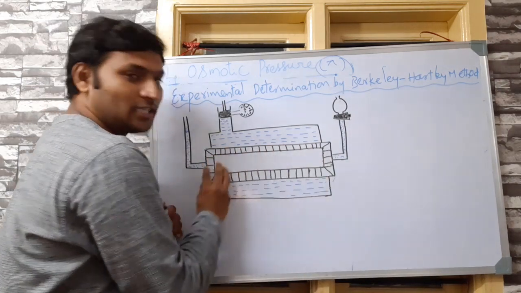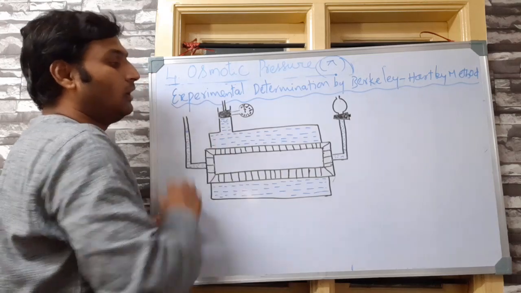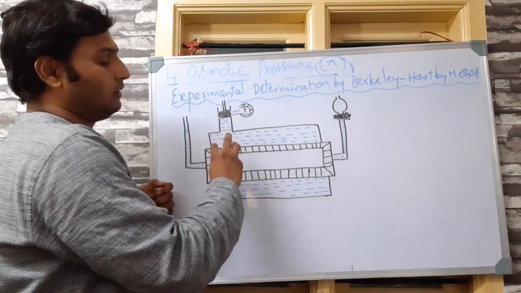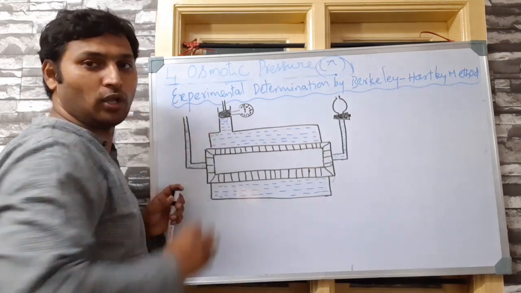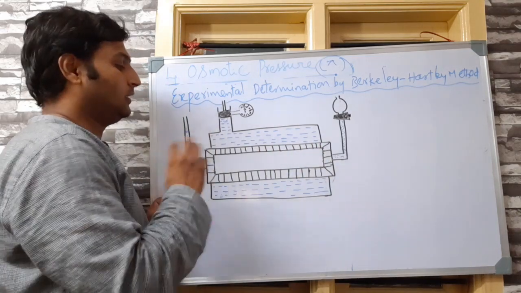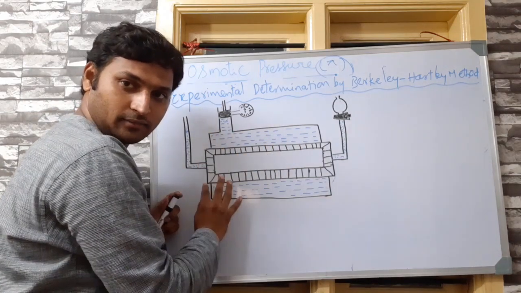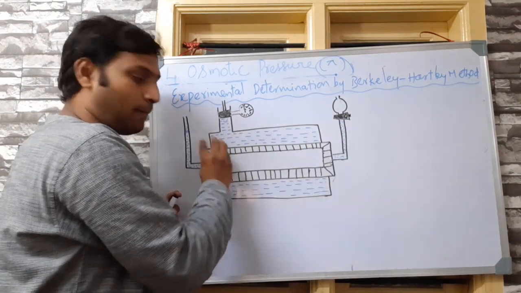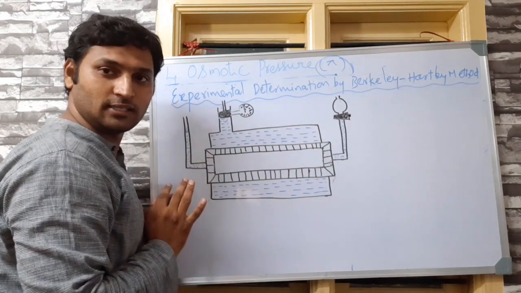This is a porous part which is impregnated with cupric ferrocyanide on its walls. It is a porous part with cupric ferrocyanide on its walls.